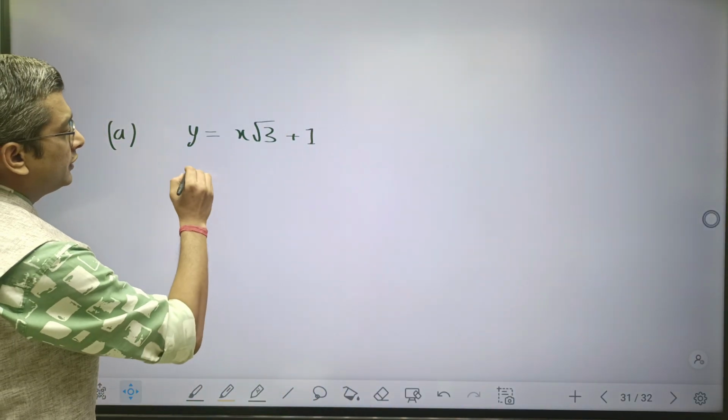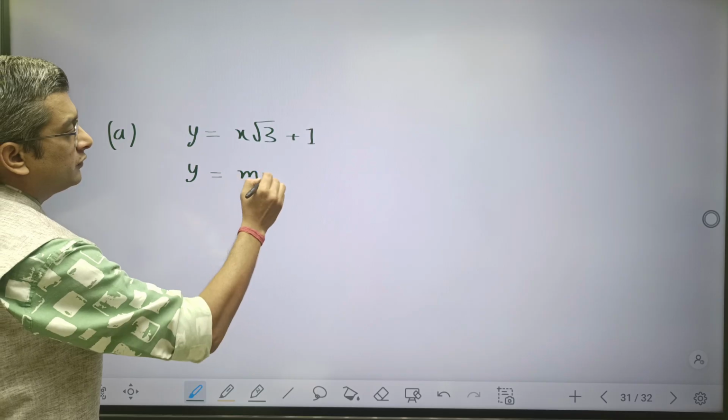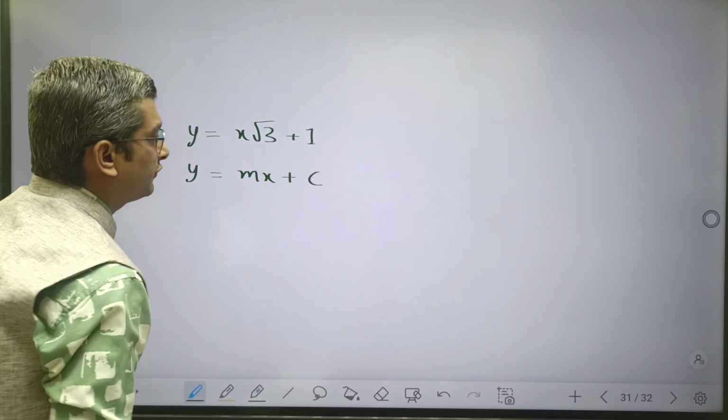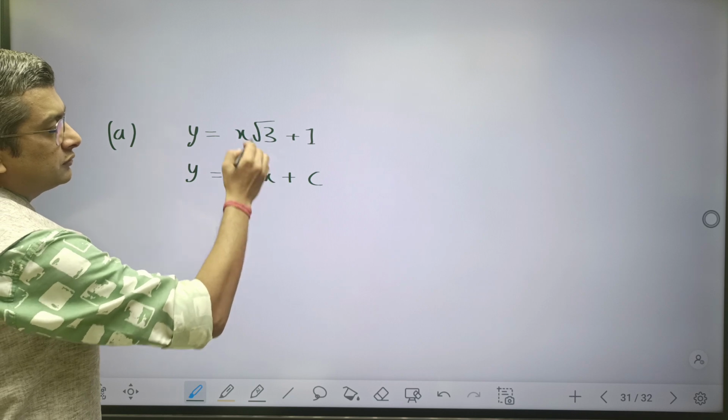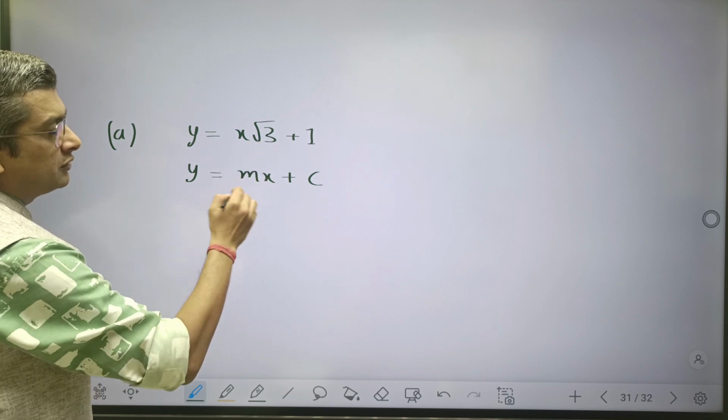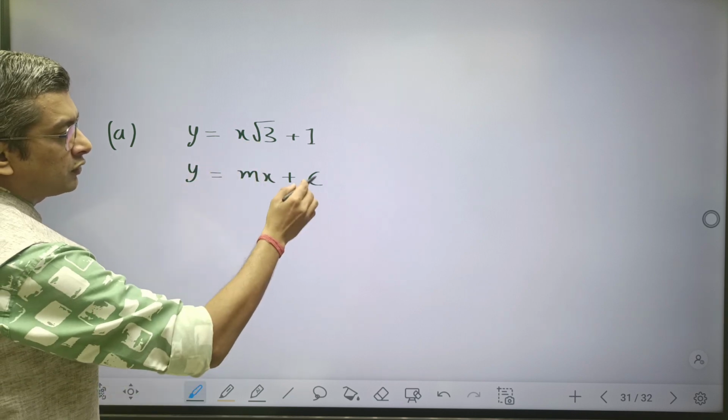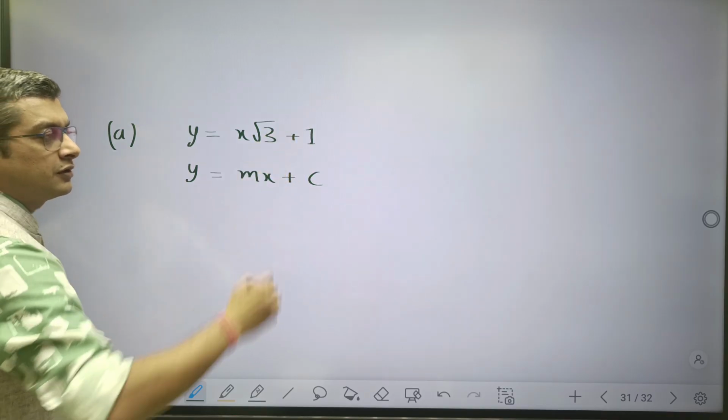So here, my dear students, if you observe carefully and compare it with the standard equation of a straight line, in the place of the slope there is root 3, and in the place of c, that is the y-intercept, there is 1.